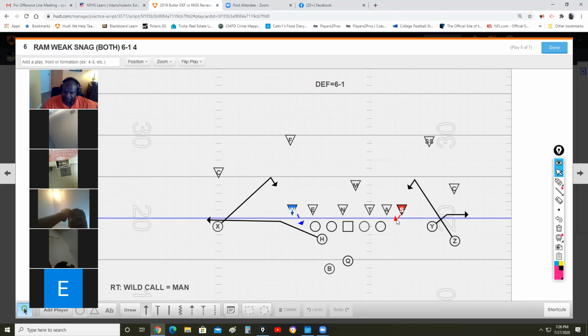And when that blitz comes, he leaves a nice little hole right here behind the blitz. And he can't get there because he'll give up that. He can get there, but if he gets there early, we might get that later. Y'all feel me? So bottom line.